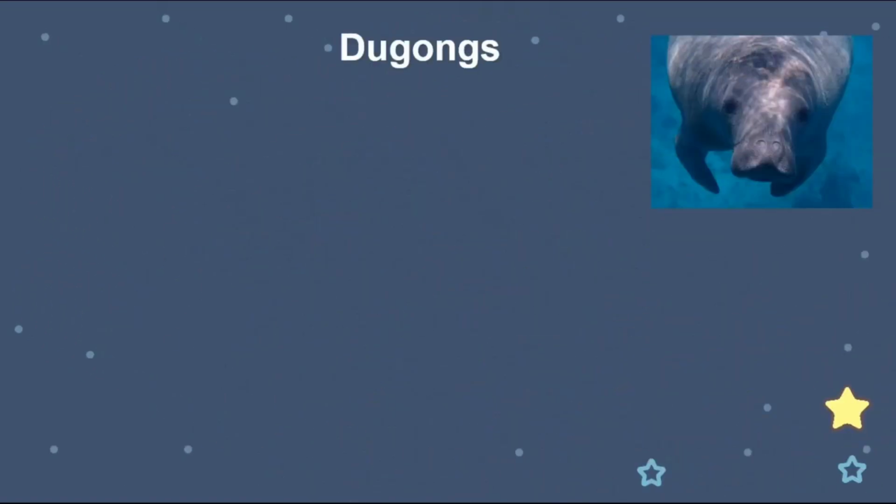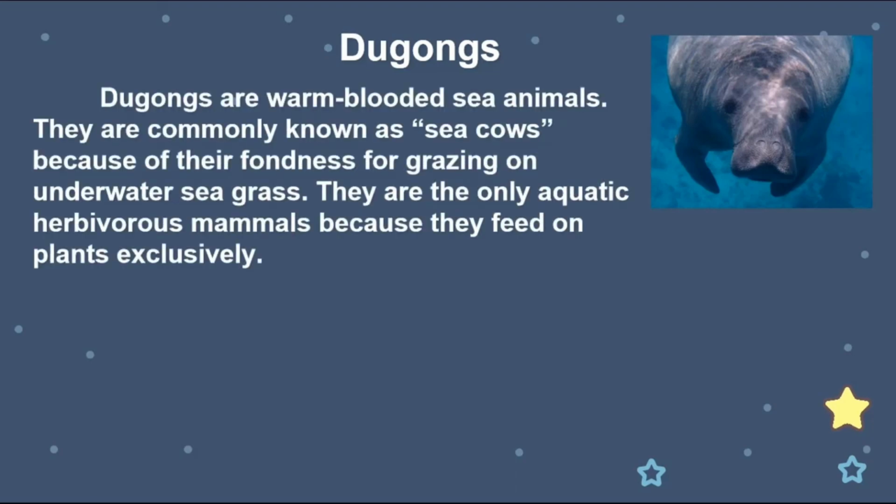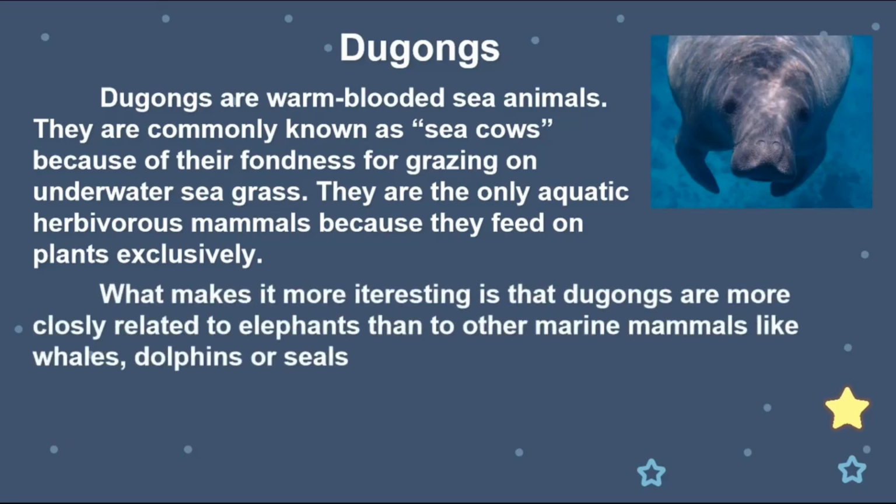Let's read the selection about dugongs. Dugongs are warm-blooded sea animals. They are commonly known as sea cows because of their fondness for grazing on underwater seagrass. They are the only aquatic herbivorous mammals because they feed on plants exclusively.